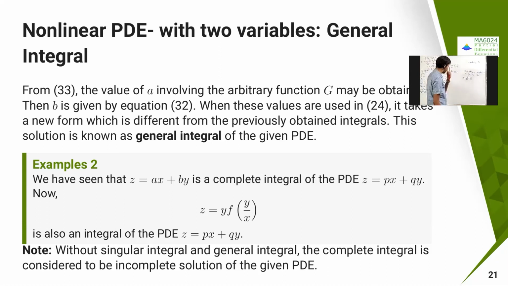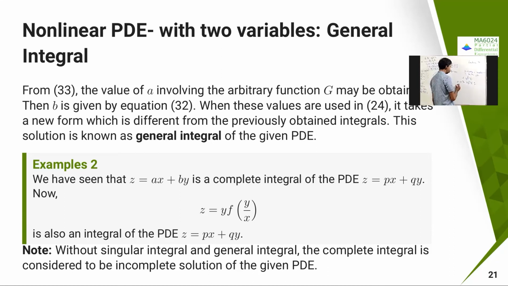Let us see that. If I calculate zx, which is equal to p, you are going to get y into f dash of y by x into minus y by x square. Because with respect to x, you have to differentiate.